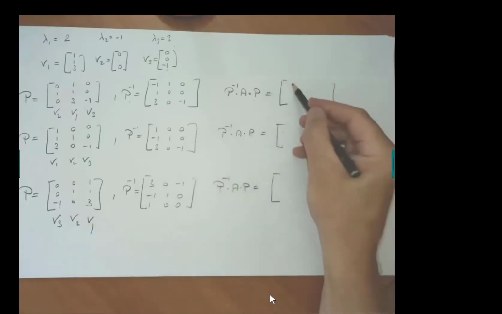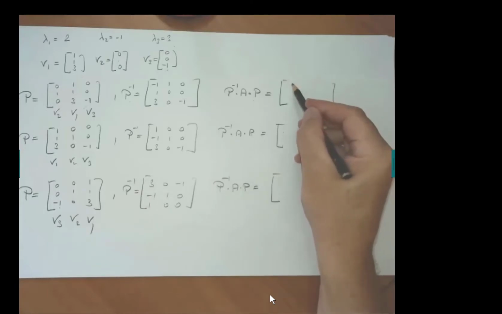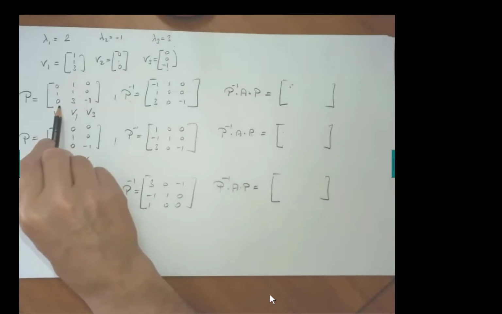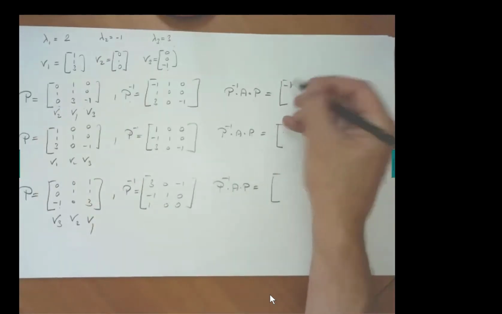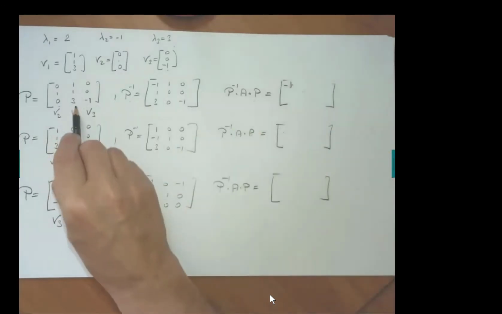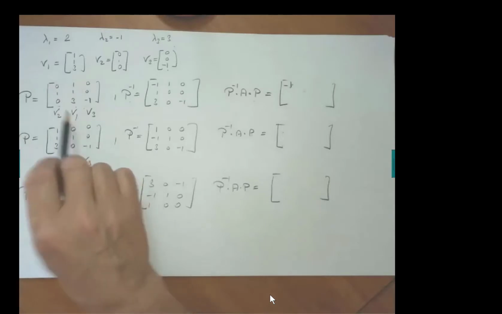The first number has to be the eigenvalue for the first column. And what is the eigenvalue for the first column? -1. Yeah, this is -1. The second number is the eigenvalue for the second column, which would be, in our case, V1 is 2.